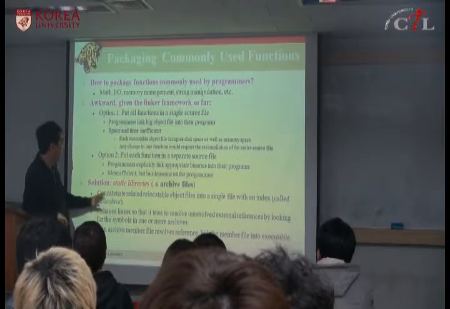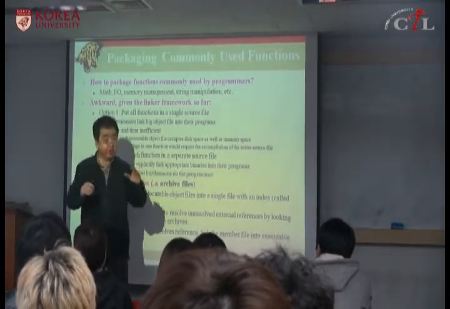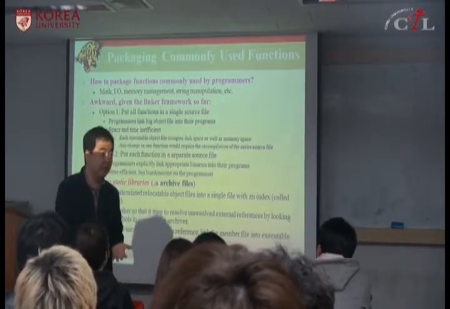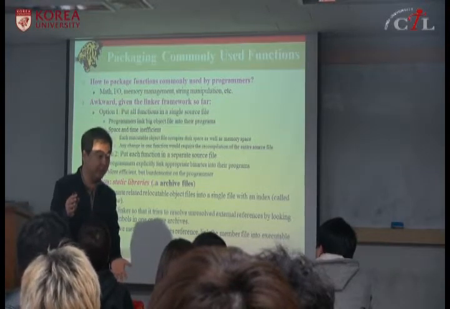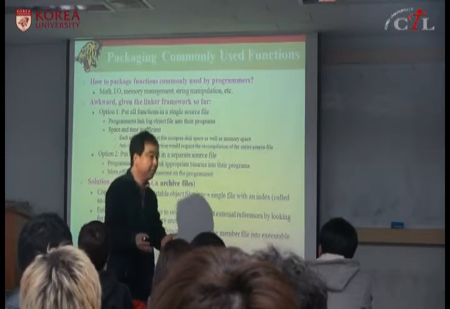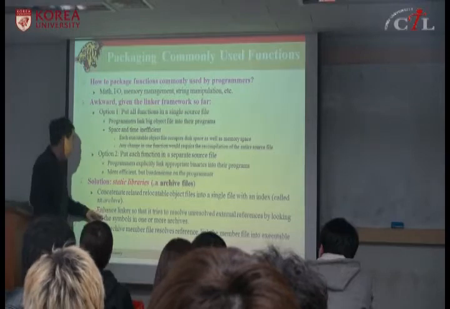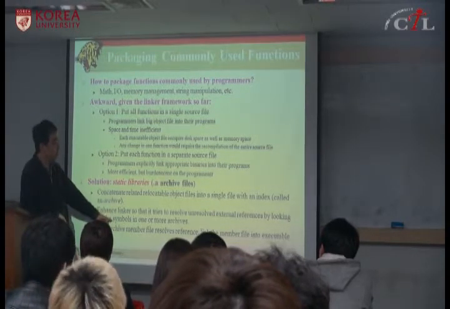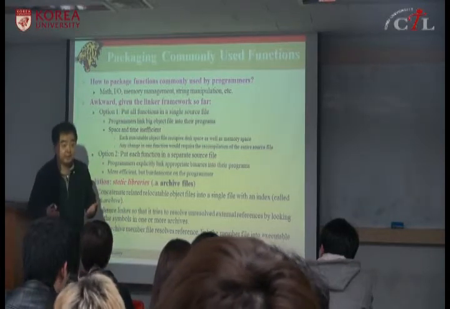We merge all related relocatable object files together and create a single library, which is a collection or a set of related object files. Okay? If they are related, you put them in a single library. And then you enhance the linker so that it tries to resolve unresolved external references by looking for the symbols in these libraries.